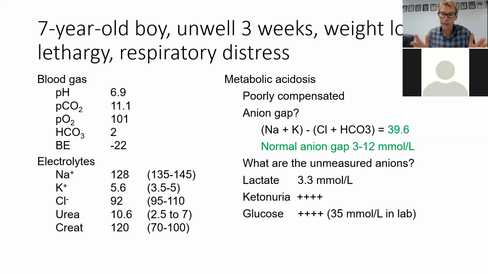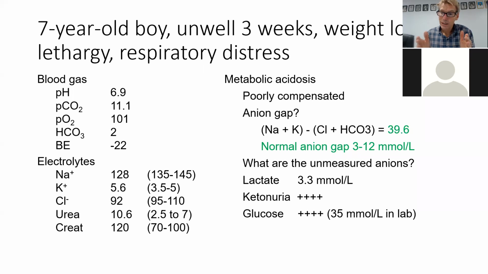There are many different unmeasured anions. If you've got a lactic acidosis, then you'll have a large anion gap because lactate is an anion. If you've got kidney failure, then you retain phosphates and urates, and they become unmeasured anions that are in the body.